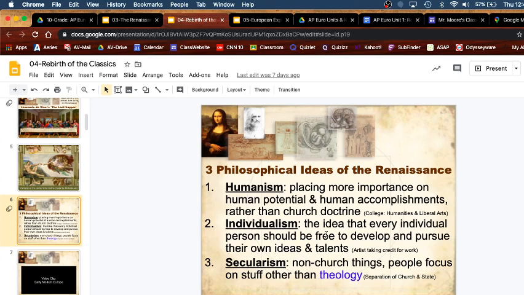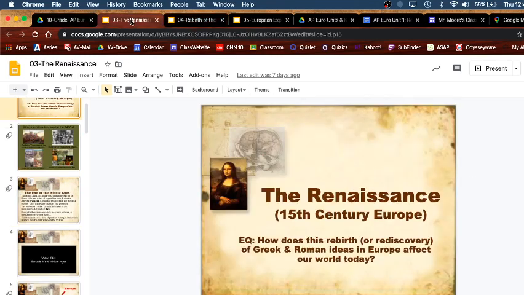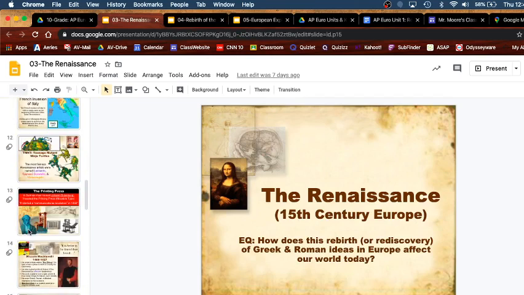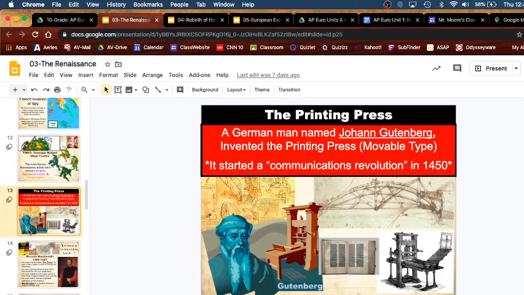And this is a slow process starting during the Renaissance. And as I said in my part 1 on this history review, we have to remember that the Renaissance does not start in 1450. The reason this class starts in 1450 is because things start to speed up with the invention of the printing press. I'll remind students of what we tried to talk about in class, that the printing press is really what changes things.